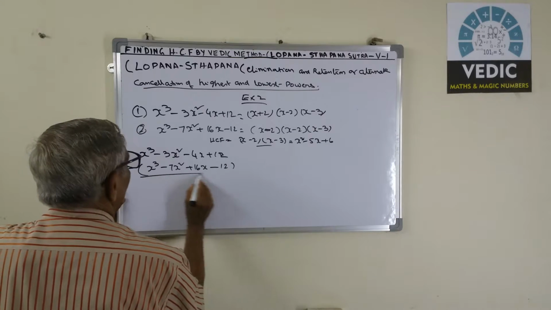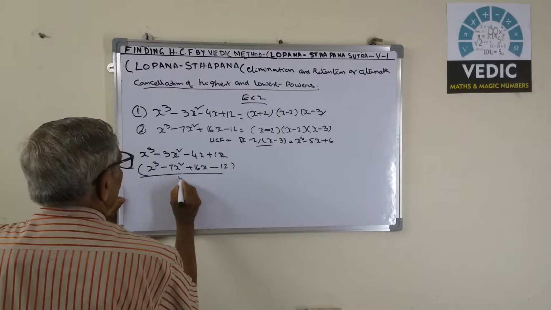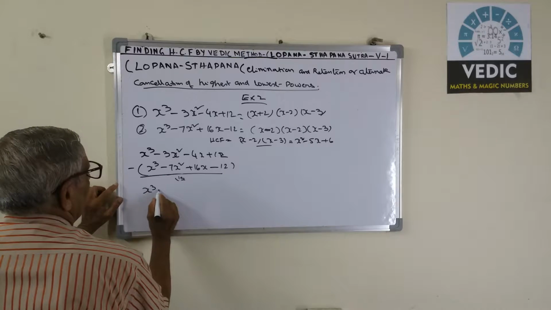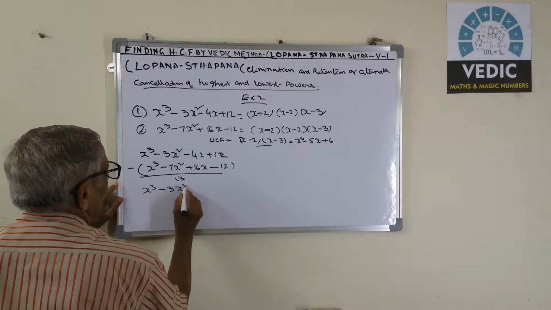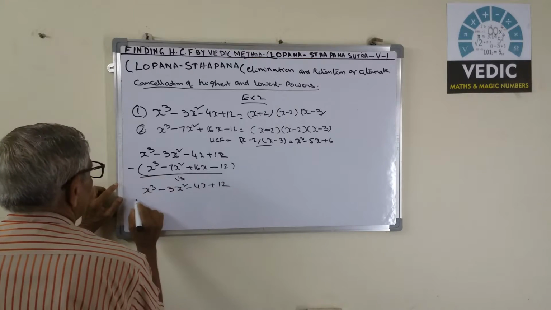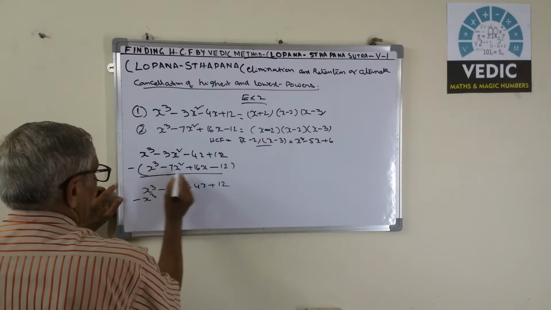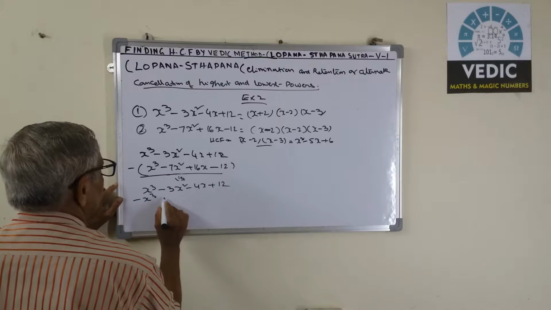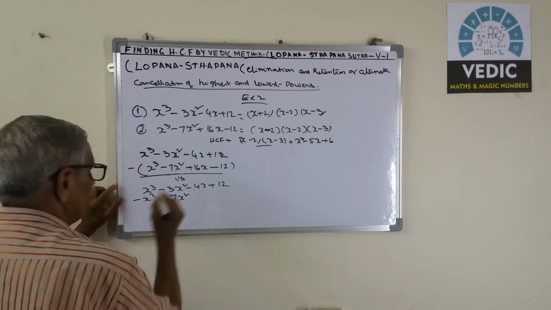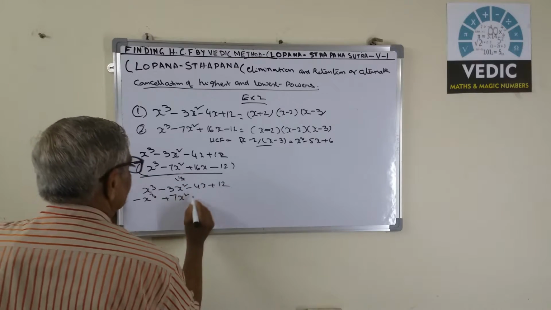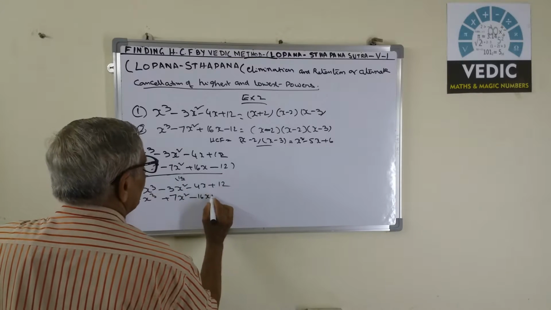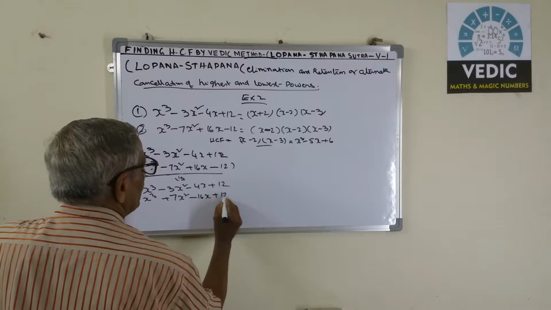This can be written as x cube minus 3x square minus 4x plus 12, then minus x cube plus 7x square minus 16x plus 12.